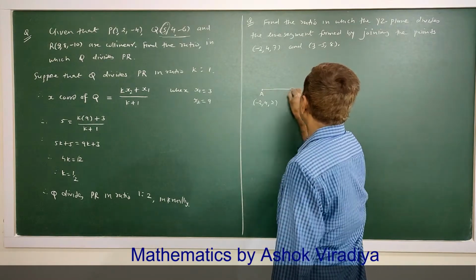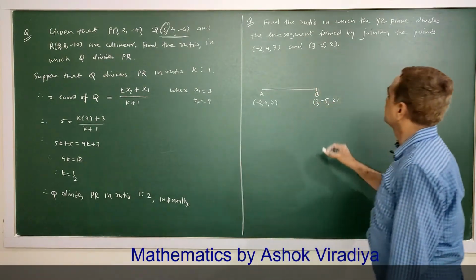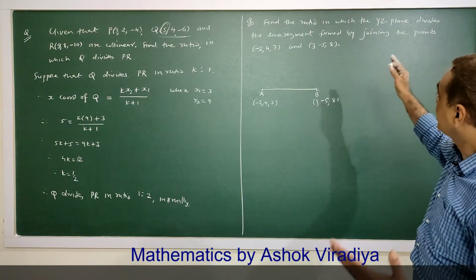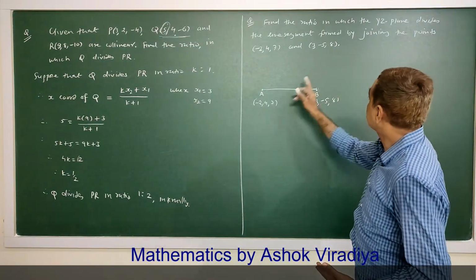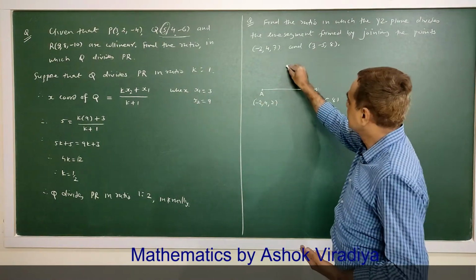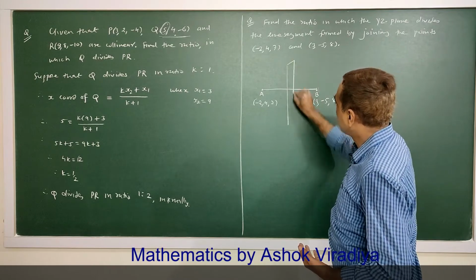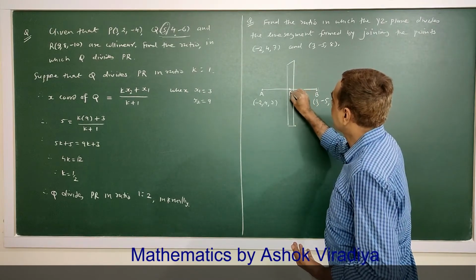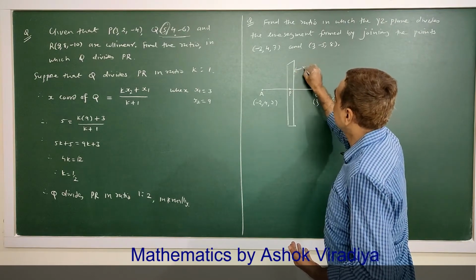This is the line segment joining A and B. We want the ratio in which the YZ plane divides this line segment. Suppose that the YZ plane divides this line segment somewhere at point P. This is the YZ plane.